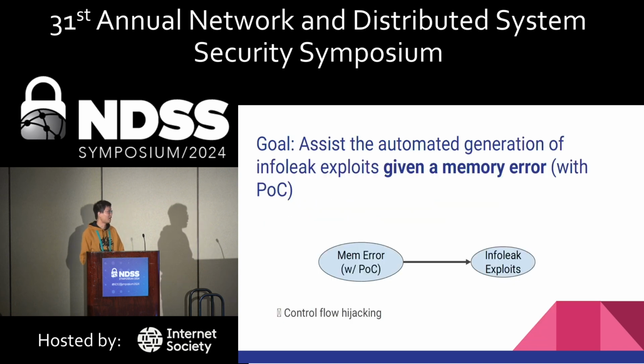The goal of our work is to assist the automated generation of Infoleak exploits given a memory error. Of course, we also have a POC to trigger this memory error. Exploit generation has long been considered an art.